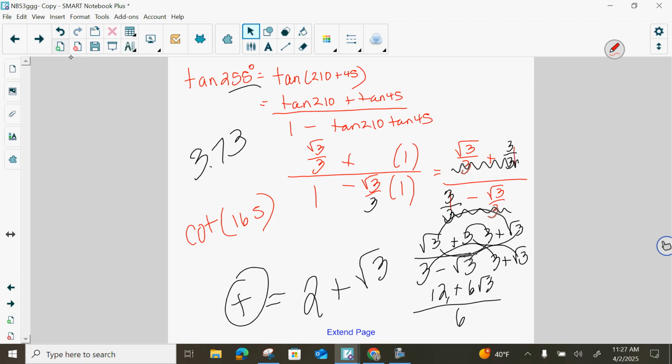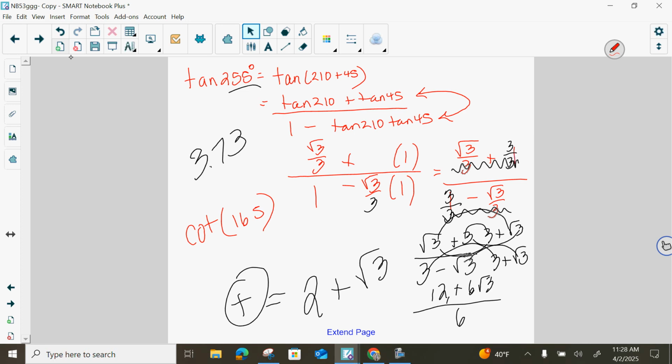You decide, right? So just try to do something different than your partner, right? So cotangent of 165. So all you are doing is you are flipping your fraction, right?